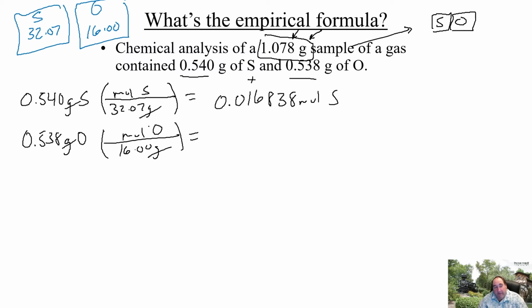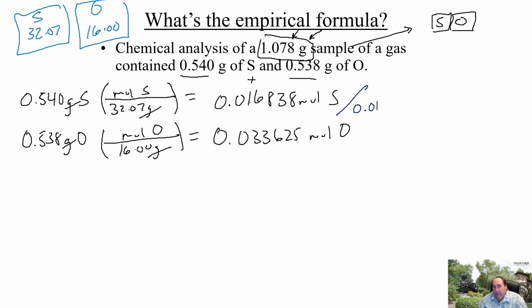We'll do 0.538 divided by 16. That's going to get us 0.033625 moles of oxygen. At this point, we once again want to divide by the smallest number of moles. In this case, it does look like sulfur is the smallest number of moles.